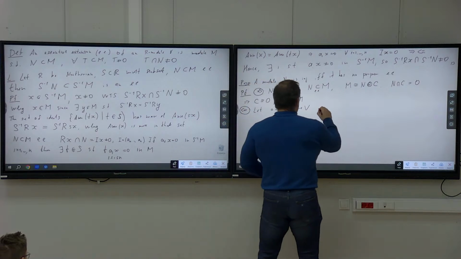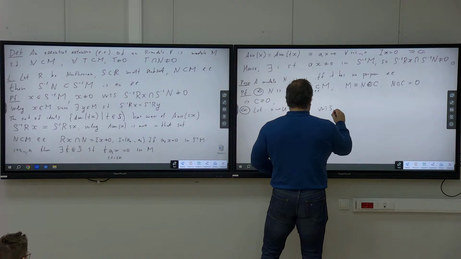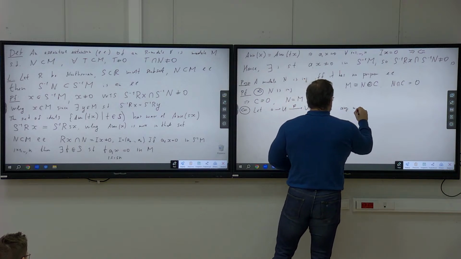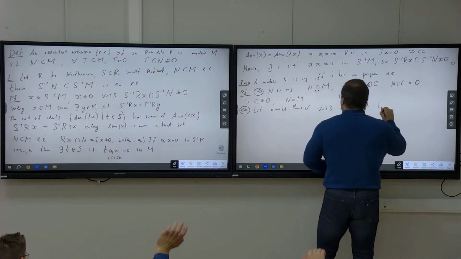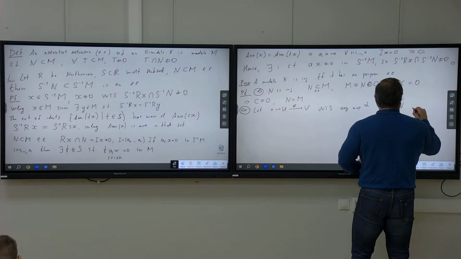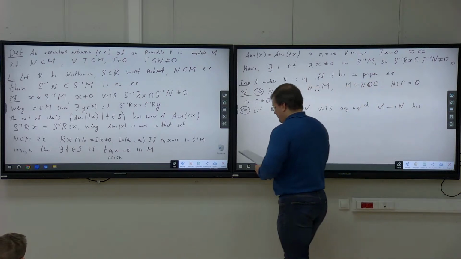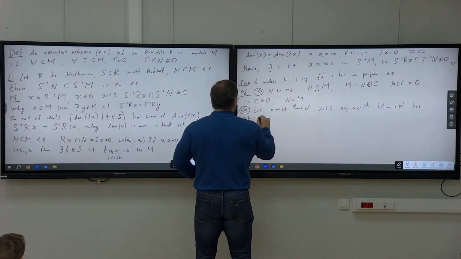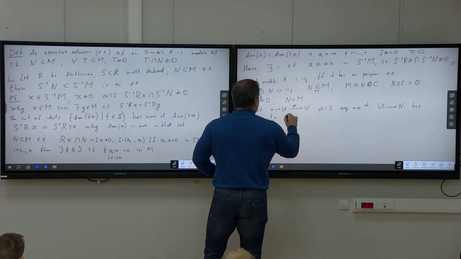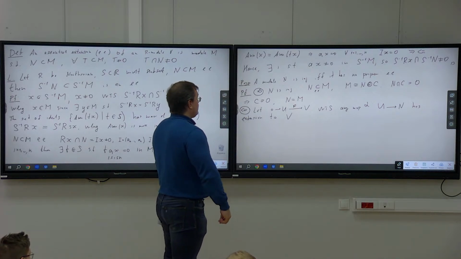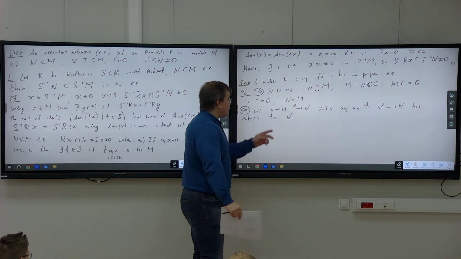So I want to show that any map alpha from U to N has an extension to V. This is what we want to show, that this module N is injective.